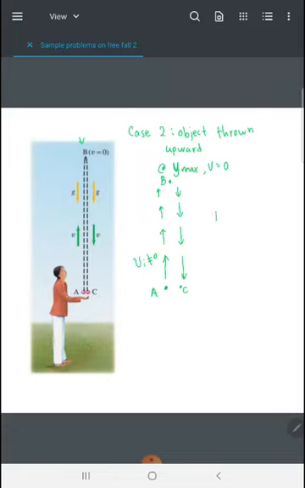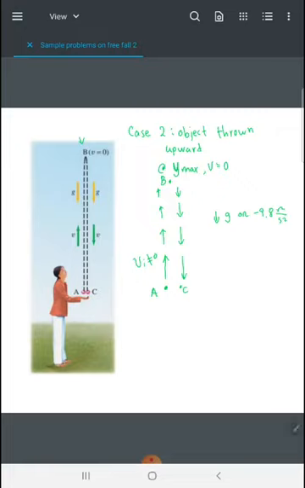Kaya ang iyong acceleration is downwards, ang iyong g ay ganyan, or negative 9.8 meter per second squared. So, ito naman, sa B to C, yung object ay papunta sa negative direction and speeding up naman. So, negative acceleration pa rin yan. Okay? So, things to remember, ayun, yung B yung maximum height.